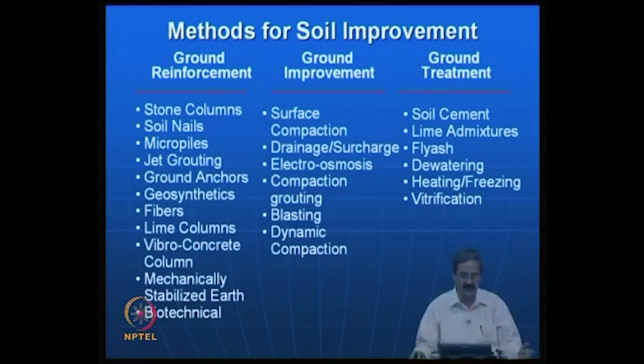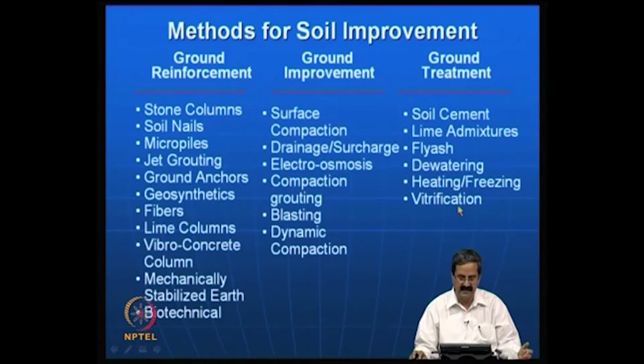As I just mentioned, the ground improvement techniques can be many, right from stone columns, soil nails, micropiles, jet grouting, ground anchors, geosynthetics, fibers, lime columns, vibro concrete columns, mechanically stabilized earth, biotechnical methods, then surface compaction, drainage, electroosmosis, compaction, grouting, blasting, dynamic compaction, soil cement, lime additives, fly ash, dewatering, heating and vitrification.